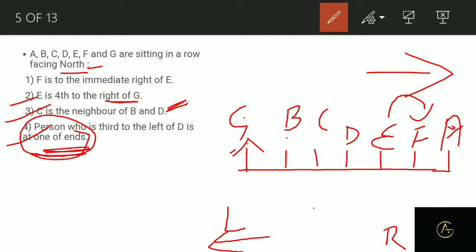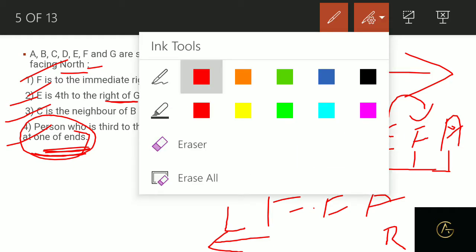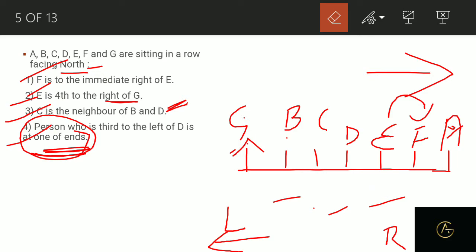Right? This is very important. If you start from 1, 2 and 3, there are so many possibilities, as this F can be here, here and here. Then your question will become lengthy and go on. So you have to do much practice.